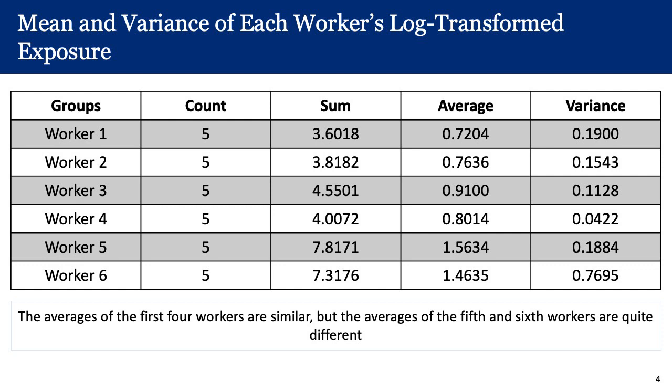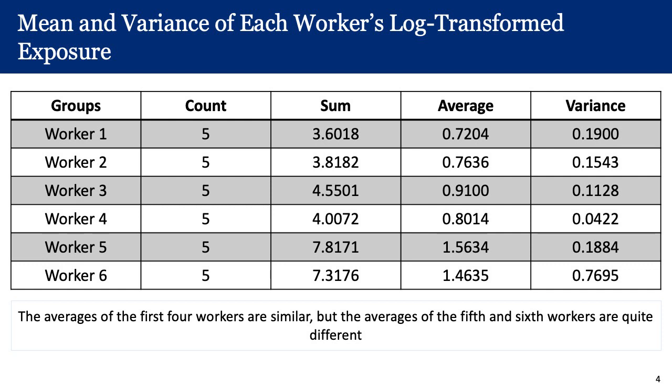So in this slide, what I'm showing are the 6 workers and the average exposures of each worker and the variance for each worker's measurements. So if you remember, there are 5 measurements for each worker.